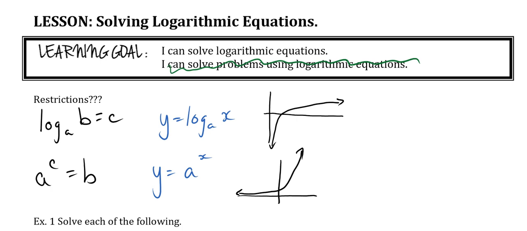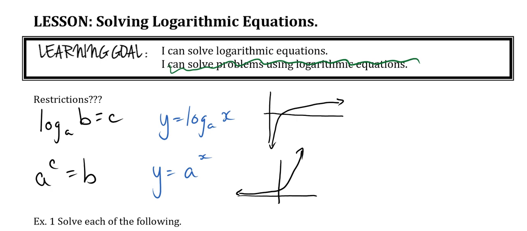A can't be negative. Why do you say that? Very good. A can't be negative. So the base of it, when we were talking about exponential functions, if you're more familiar with the exponential function, what if I put a negative value in for A?